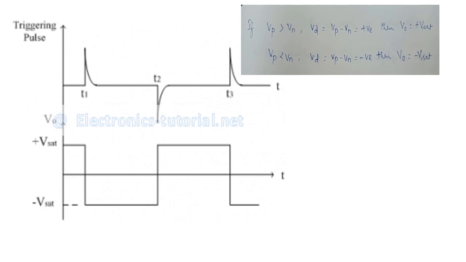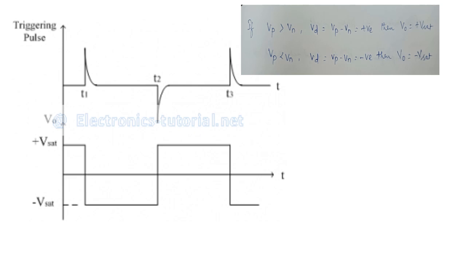With the help of these two conditions, I am going to explain the output diagram here. As you can see, in the triggering pulse, that is our input pulse, I have this standard line up to T1. This standard line tells you that there is no input, that is Vn is equal to 0. In this situation, only the offset voltage is appearing, so I get a positive voltage.